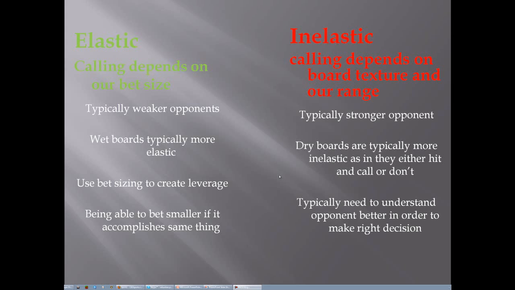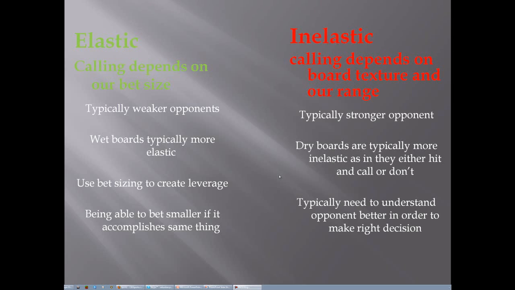So if we have a hand that beats top pair, we're going to want to be betting large again on the turn to get maximum value from their top pair hands, knowing that if they don't have top pair, they're folding anyway, so we might as well bet big.